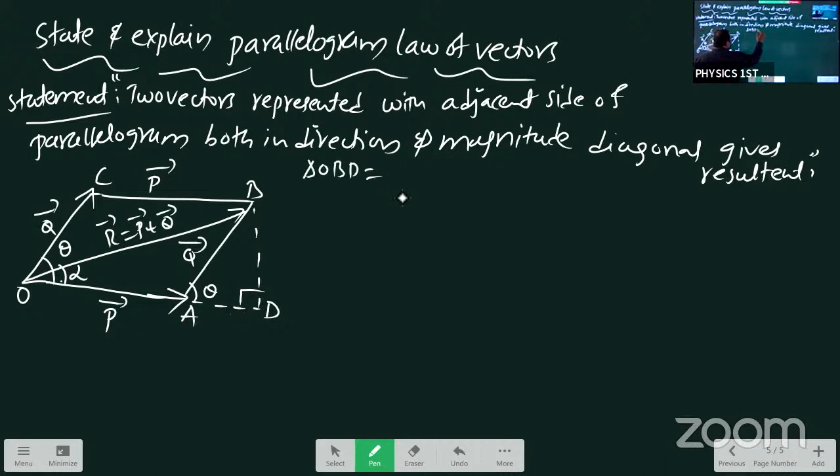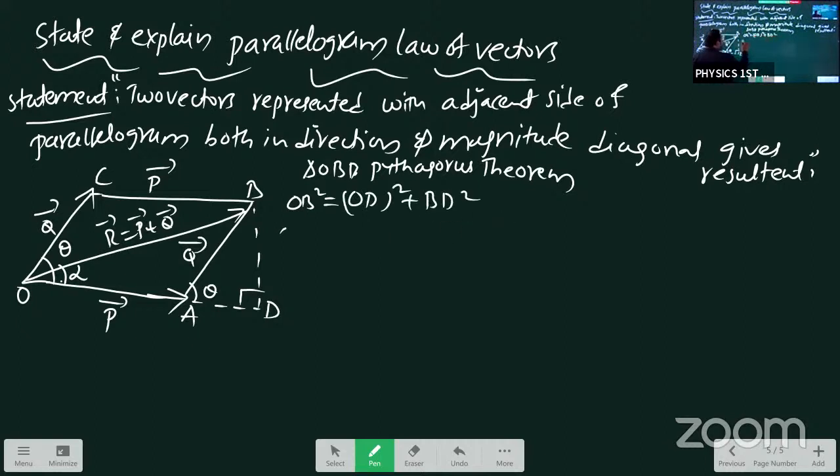Triangle OBD. What is the Pythagoras theorem? OB square equals OD square plus BD square.